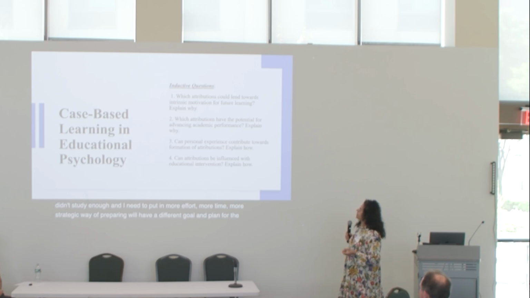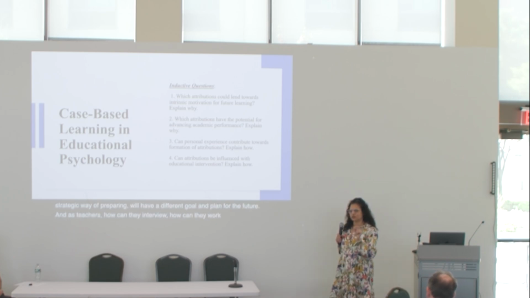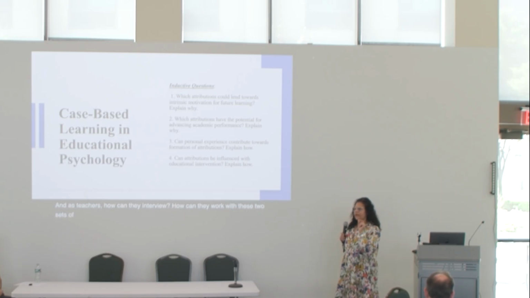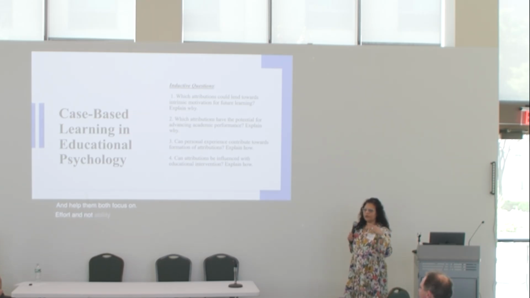And as teachers, how can they intervene? How can they work with these two sets of students and help them both focus on effort and not ability, or focus on changing the environment rather than taking luck and chance for their success?